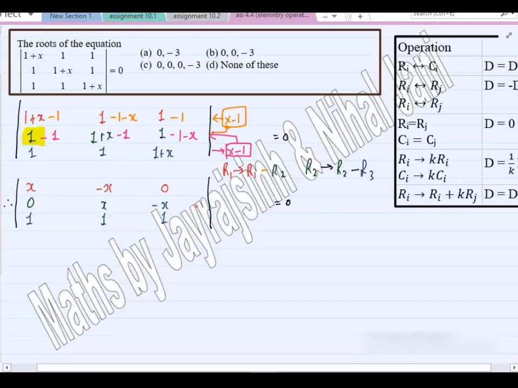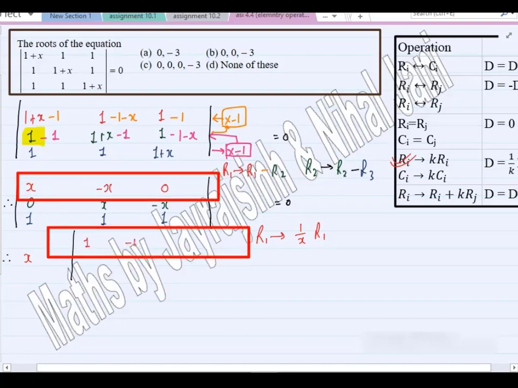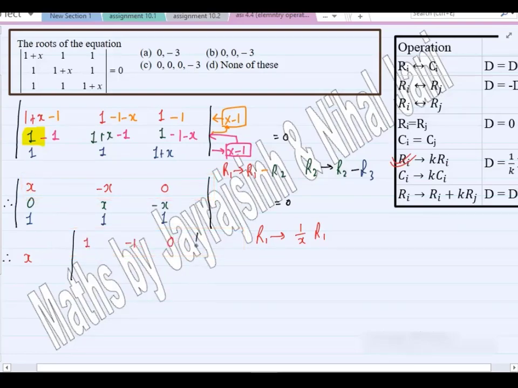So you should observe that we can take x common from the first as well as the second row. So let's do the fourth operation. Let's divide the first row by x. So we should multiply x to the determinant, and our first row will be 1, minus 1 and 0.